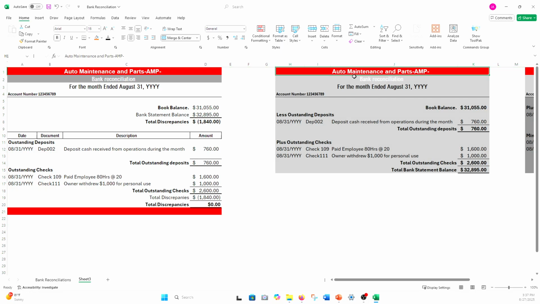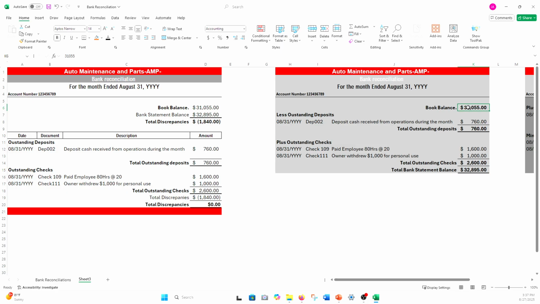From this one, we are going to reconcile the bank reconciliations or our account. We are going to start from the book balance and arrive at the total bank statement balance. So this is my book balance, after we detect all the discrepancies.